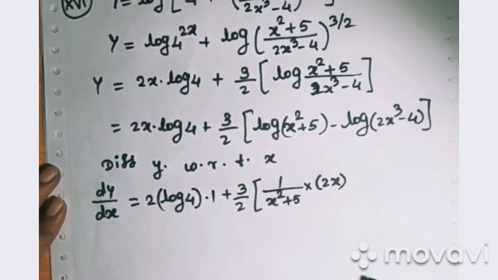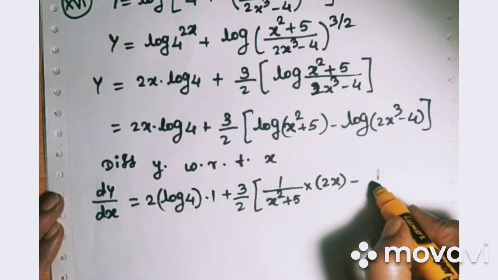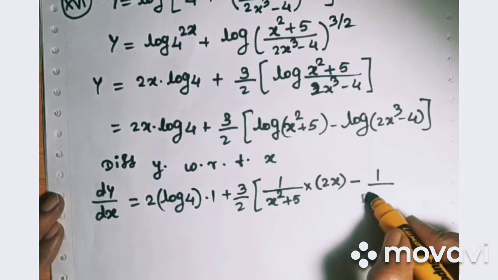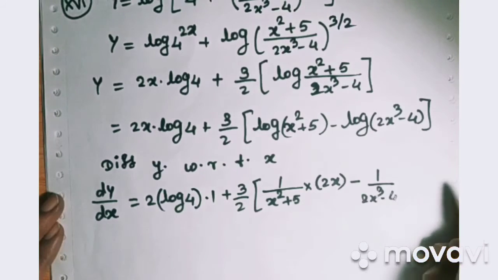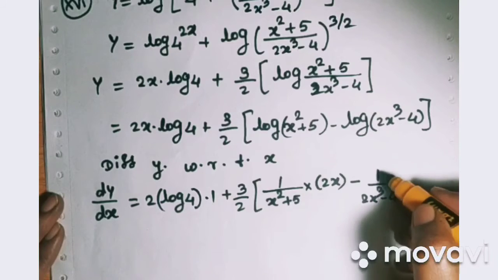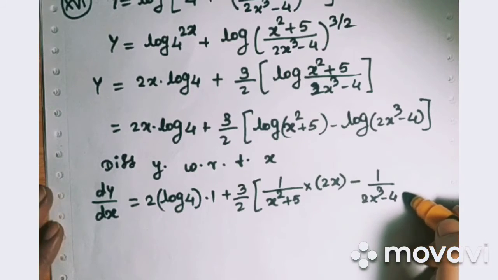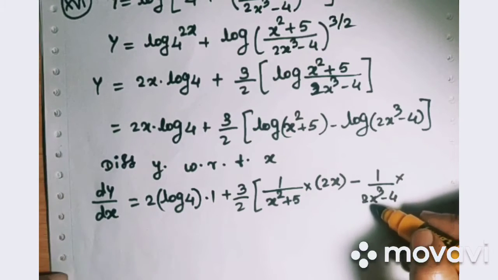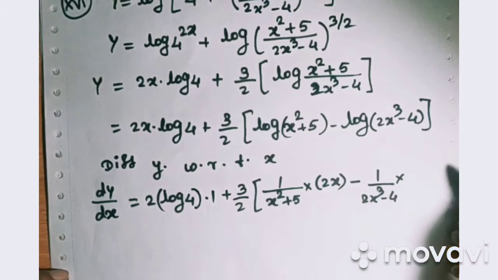Then next, minus derivative of log of 2x cube minus 4, which is 1 upon 2x cube minus 4 and multiply with the derivative of 2x cube minus 4.